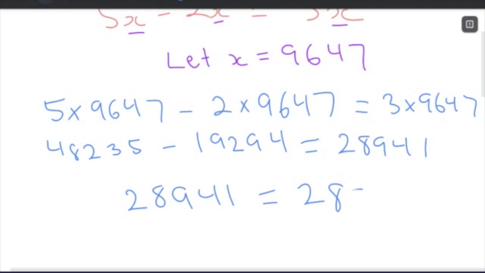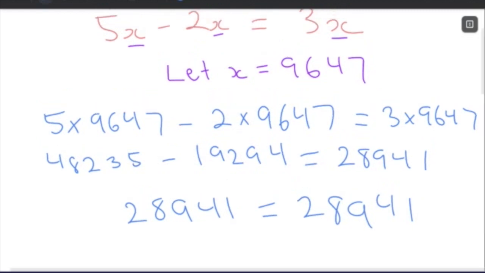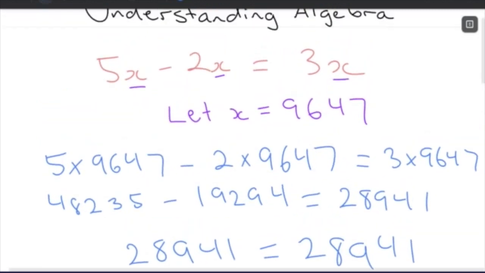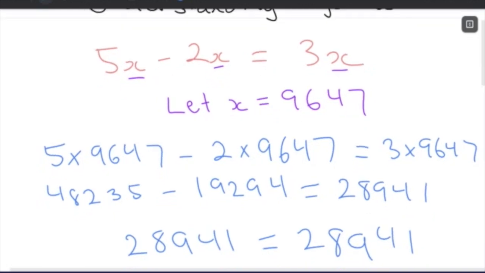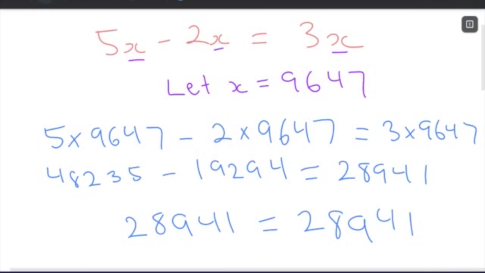Feel free to check this out at home if you don't believe me. But it's kind of like magic because I can pick any number because our rules of algebra apply to general patterns in arithmetic that we notice.